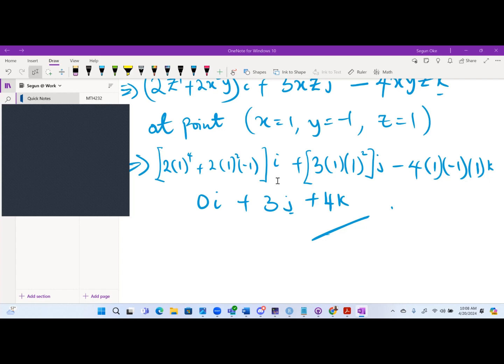Any question before we move on? I believe what we discussed on the differentiation will help us when we get to the line integral. Okay, let's look at vector integration.